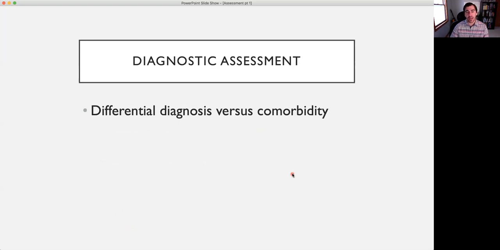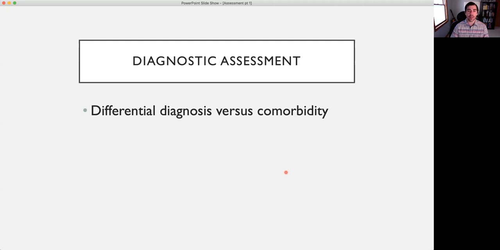I wanted to just mention a note on differential diagnosis and comorbidity, because these are related issues, but different. And I wanted to help you think about what each of them means. Differential diagnosis is really the idea of developing hypotheses about what type of label or cluster of symptoms would best explain what the client is reporting and experiencing.